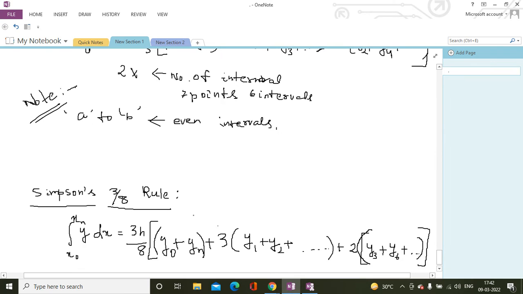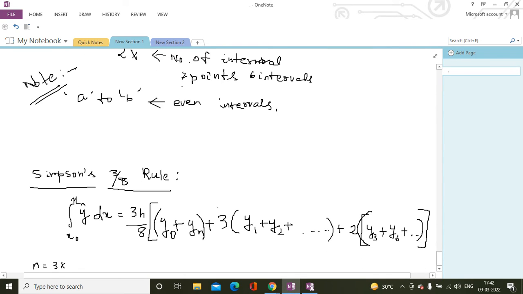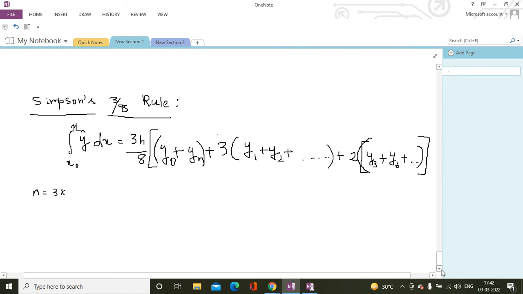Then come to Simpson's 3 by 8 rule. Here in Simpson's one-third rule, there has to be an even number of subintervals. In case of Simpson's 3 by 8 rule, it has to be a multiple of 3, the number of intervals of equal width h.